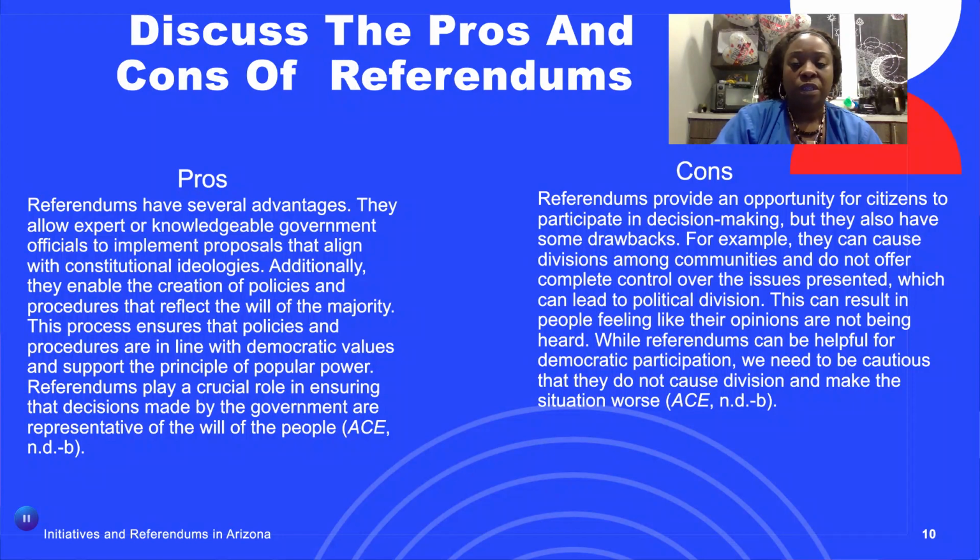This process ensures that the policy and procedures are in line with democratic values and support the principles of popular power. Referendums play a critical role in ensuring that the decisions by the government are representative of the will of the people. Cons of referendums.